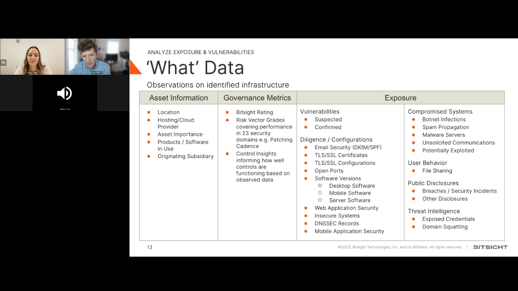So these things in total are very important. We've analyzed website configurations and how a website is configured and what the security settings look like on the web application. We have a category of findings around compromised systems.